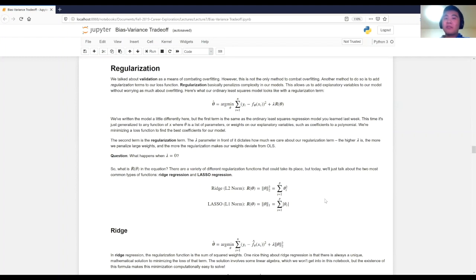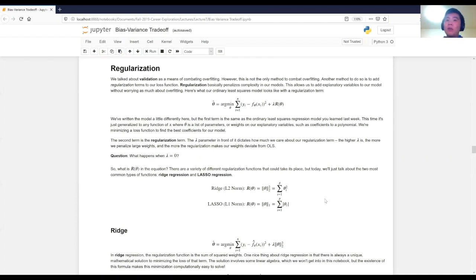The first is ridge regression, in which we take the sum of the squares of the weights. So if my weight vector was the list A, B, then the ridge penalty would be A squared plus B squared.